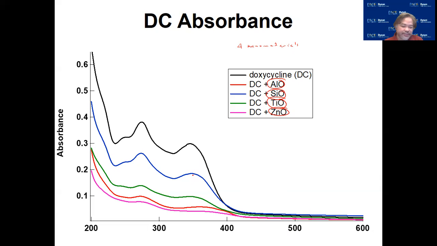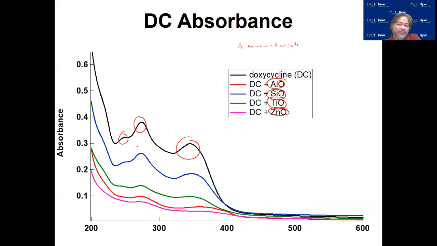As you could see here, there's a decrease in the absorbance of the doxycycline. Usually you're going to see three peaks in a tetracycline, one around 360, one around 280, and one around 260. And as you see here, the behavior of the doxycycline with the nanomaterial tells you what's happening to the antibiotics.